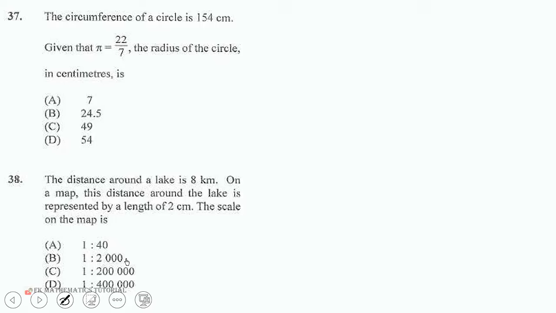The circumference of a circle is 154 centimeters. The circumference of a circle, 2 pi r, is equal to 154 centimeters. We're given pi to be 22/7. So 2 times 22/7 times r is equal to 154.